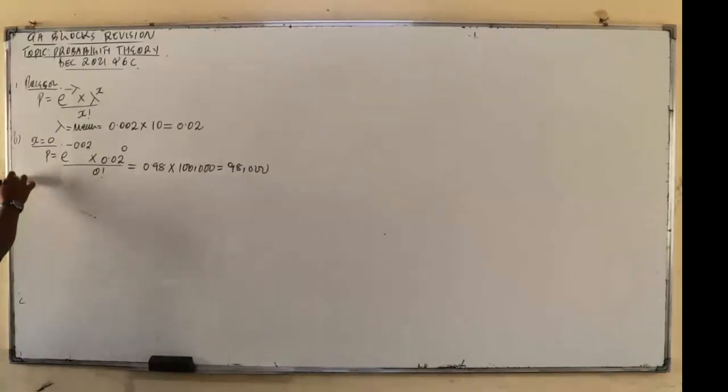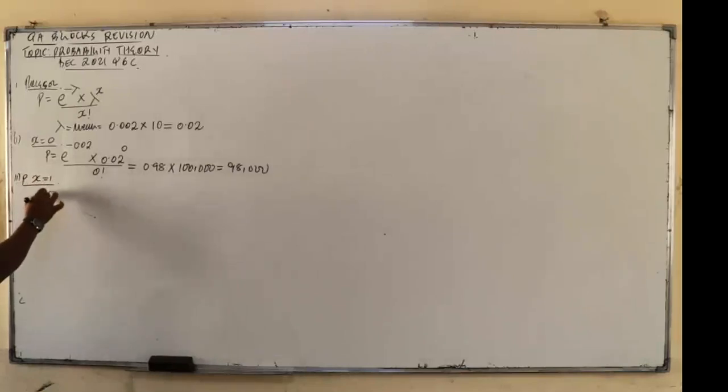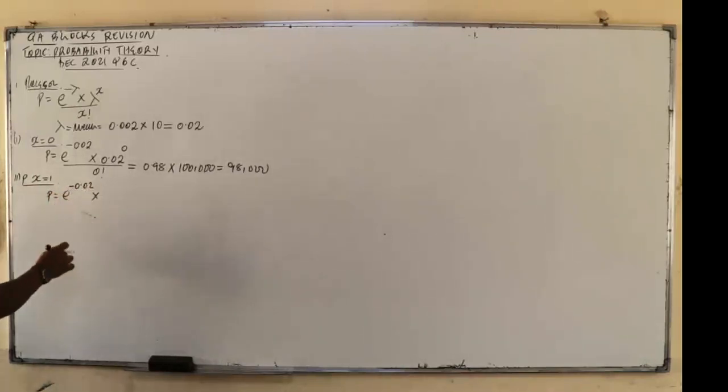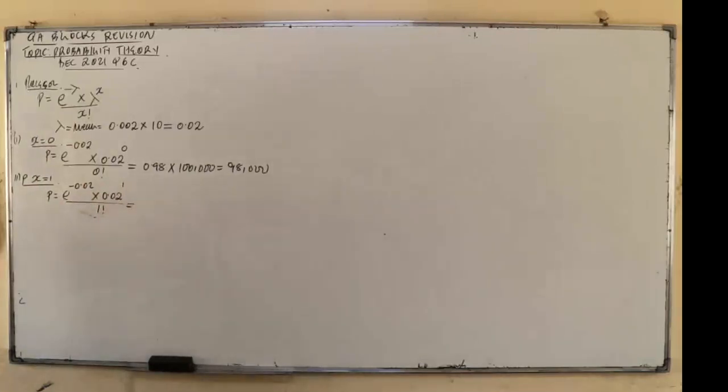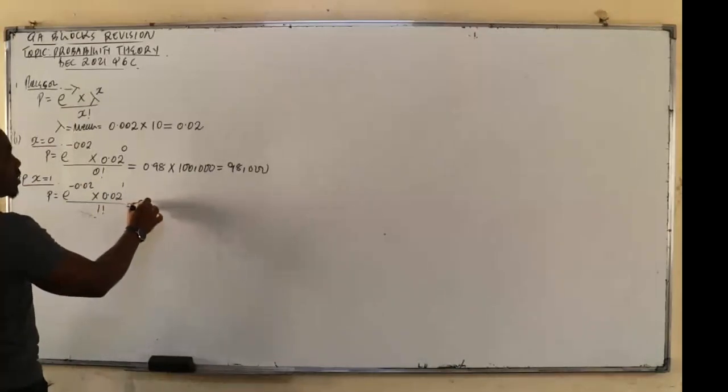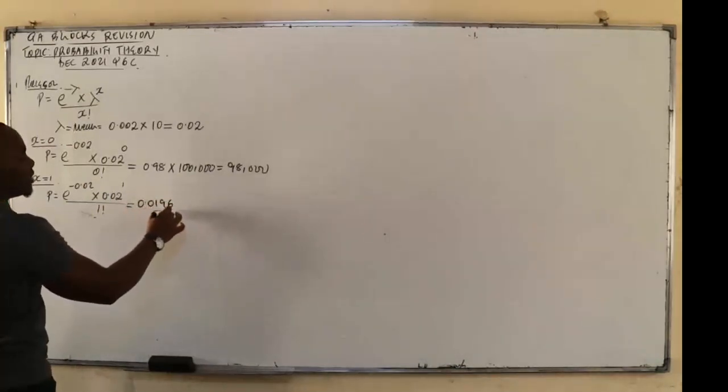And number two, one defective. So the probability that x is equal to 1 will be e raised to power negative 0.02 times lambda 0.02 raised to power 1 over 1 factorial. So what do you get? Zero point 0196.